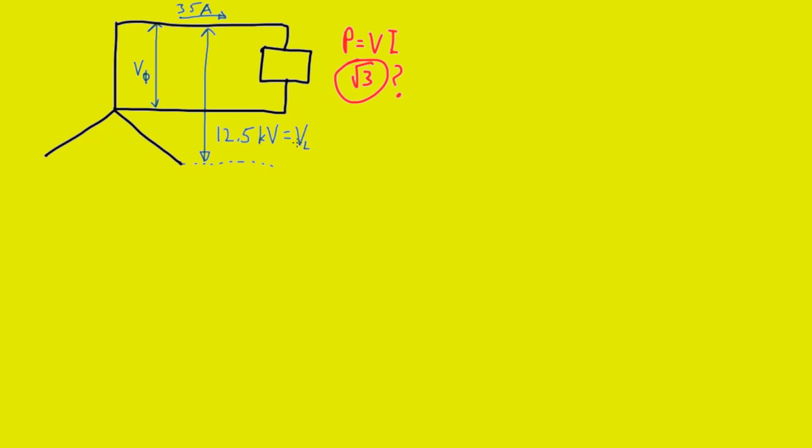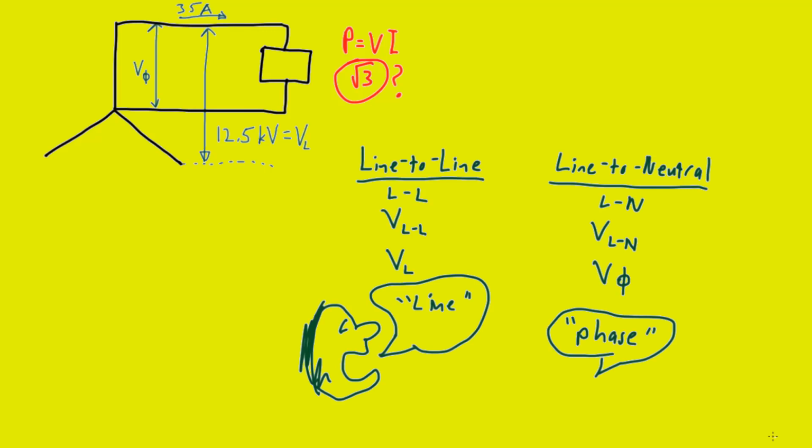Now recall what we just said about what these connections are called. Line to neutral connections are called phase connections. So this means we need to convert the given line voltage to phase voltage. And from our last video, we saw that line values are the larger values, while the phase values are the smaller ones.